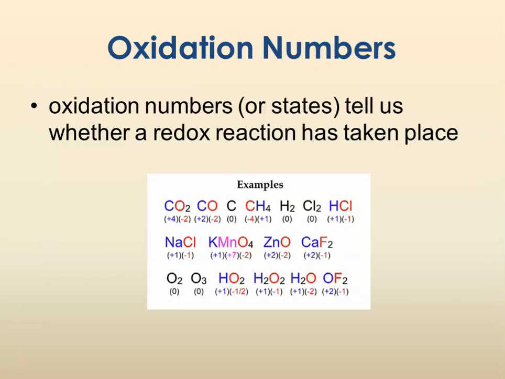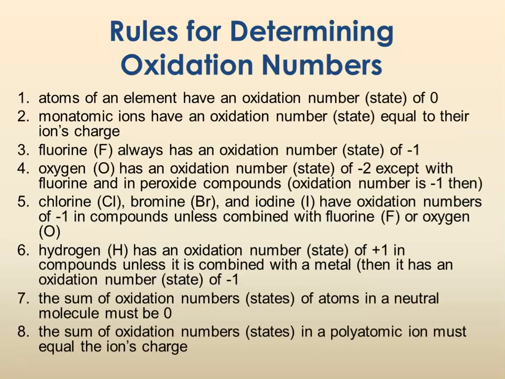So we can use oxidation numbers, which is a fancy way to describe charge, to determine whether a redox reaction has occurred. And with our ionic compounds, it's pretty straightforward. With the molecular compounds, we have to think about it a little bit more in terms of electronegativity. So we have some rules that we always follow to determine oxidation numbers, and they're pretty straightforward. When you have an element that's by itself, and that's the only element that's there, it's monatomic, it has an oxidation number of 0.